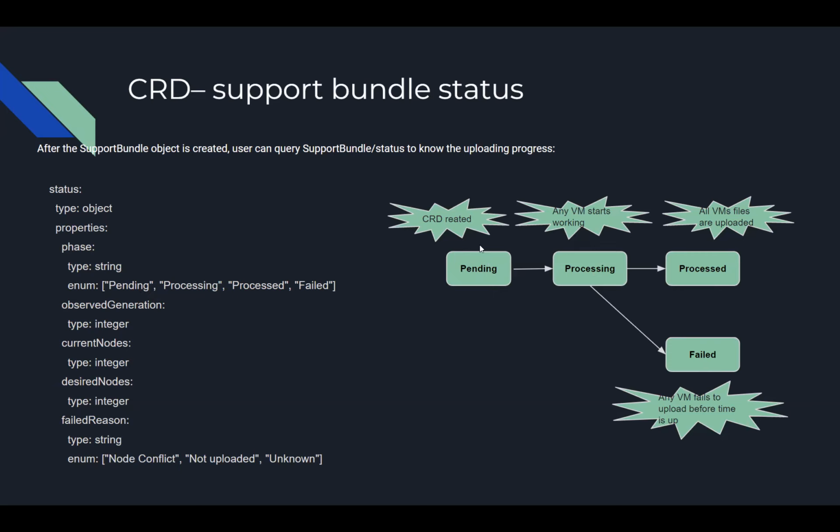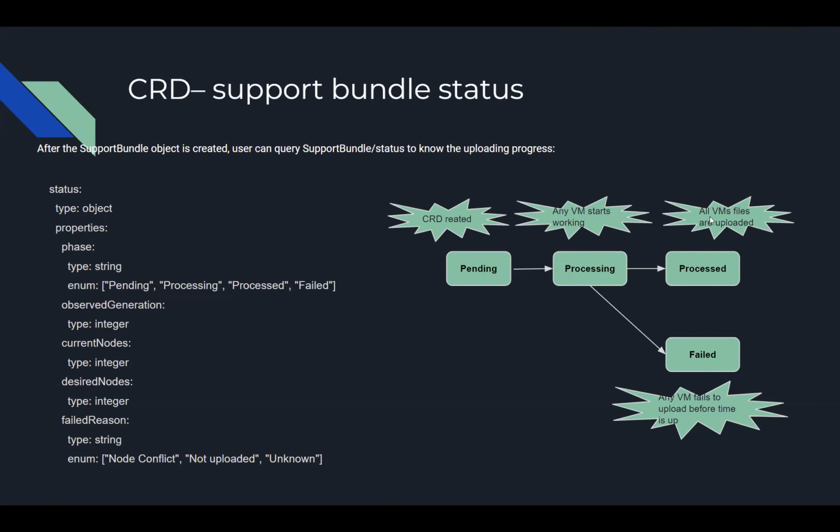After the CRD is created, the status is marked as pending. When any VM starts working, for example collecting the bundle or uploading it, the phase is marked as processing.